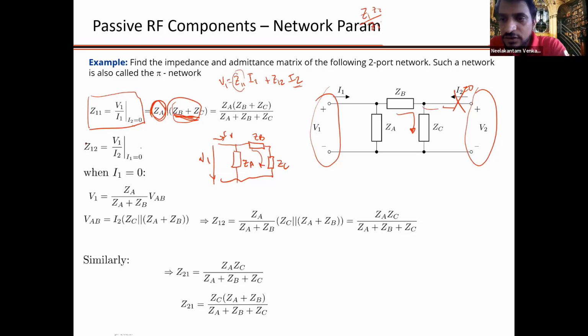Now, the same thing you can do for Z12, when V1 over I2, when I1 is equal to 0. I1 equal to 0 means this is an open circuit. That means there is no current that is either flowing in here or there. And the V1 is going to be simply the potential drop over ZA.